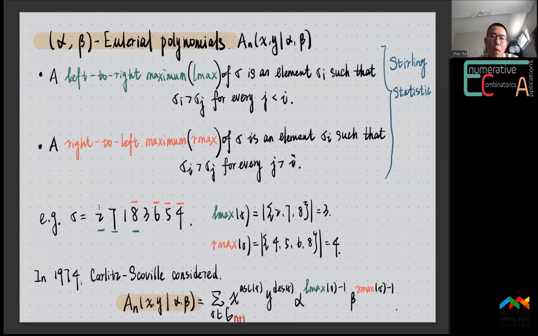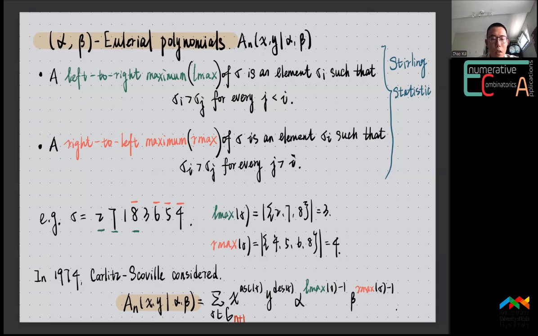In this example, sigma equals 271836564, its left-to-right maxima are 2, 7, and 8, and its right-to-left maxima are 4, 5, 6, and 8.